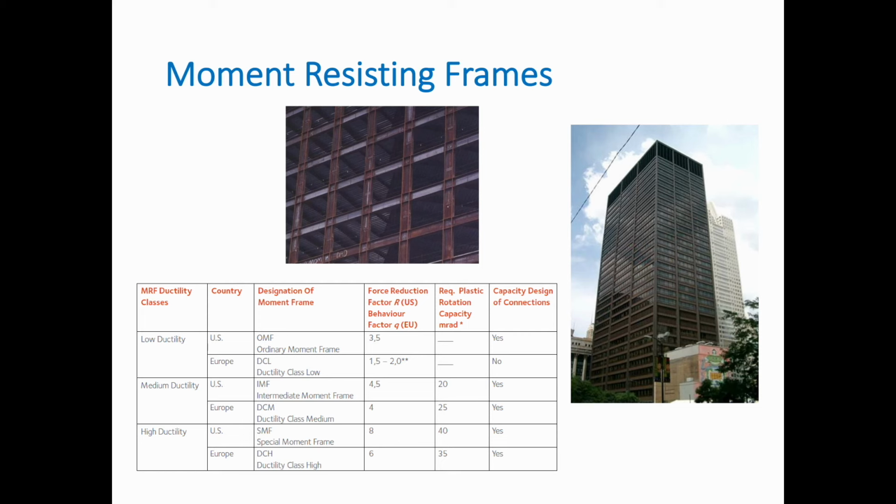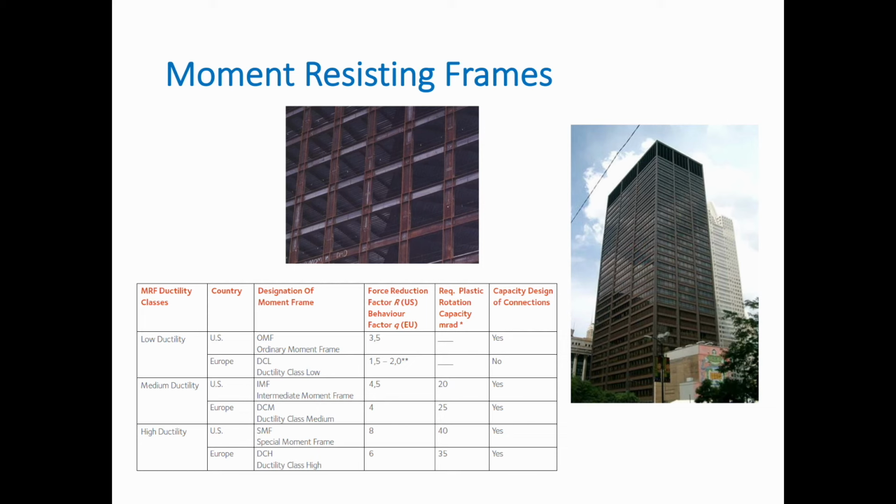And of course, we discussed the European ones, which are the low, medium, and high ductility classes. And we have the ordinary moment frame, intermediate moment frame, and special moment frames for the US standards. So this table synopsizes the R and Q factor, which is the same thing, and it gives a good recommendation.